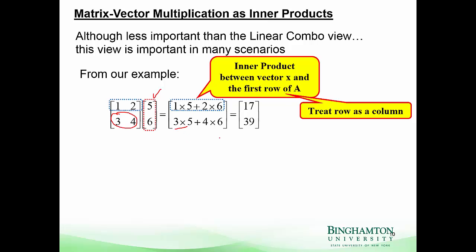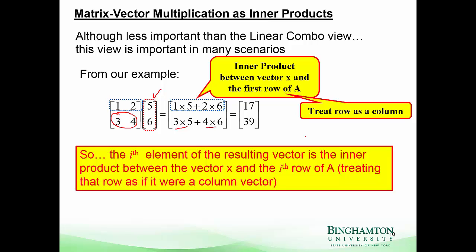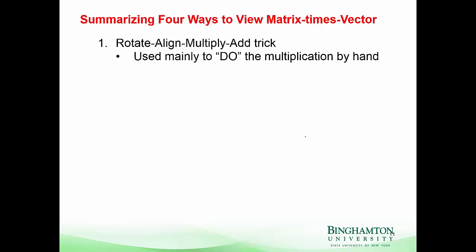So now we get 3 times 5 plus 4 times 6. So this idea that the ith element of the resulting vector is nothing more than taking the inner product between the vector x that we're multiplying and the ith row of A, but just envisioning that ith row turned so that it becomes a column. And that's the idea. So this is a good way to sometimes visualize this.